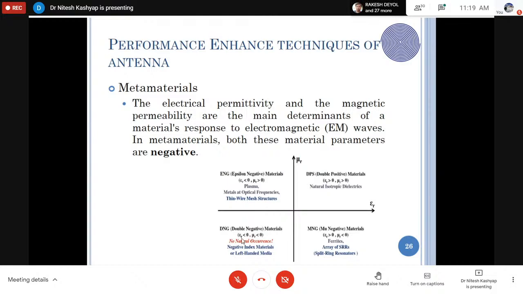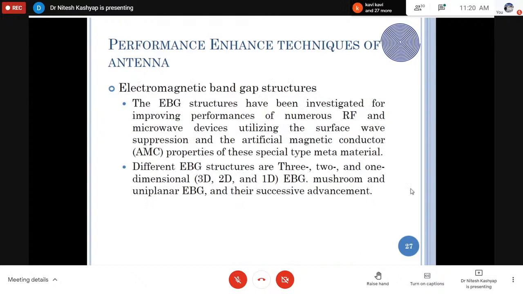Sometimes mu is negative but epsilon is positive, or epsilon is negative but mu is positive, you can find, but both parameters negative we don't find in nature. These materials are metamaterials, and we call them negative index materials or double negative materials.